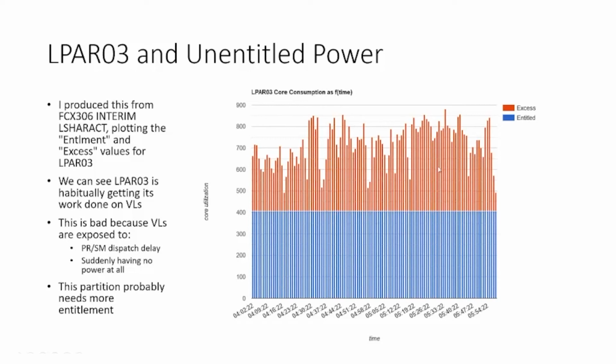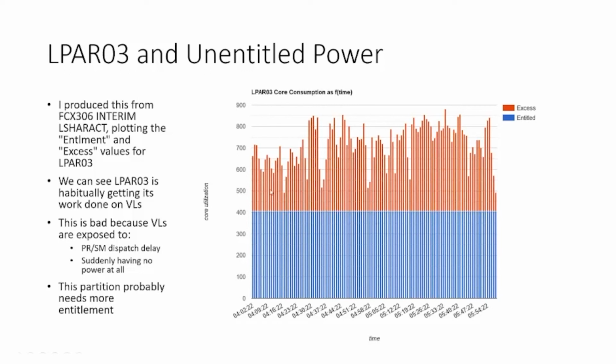The reason this is bad is because lows don't really get a premium dispatch experience from Prism. They get to use power only when other partitions are not using their entitlement. So you can imagine that the power delivery to a vertical low can be somewhat erratic. And in fact, depending on what the other partitions are doing with consumption, a vertical low can get no power at all. It's not entitled to anything.